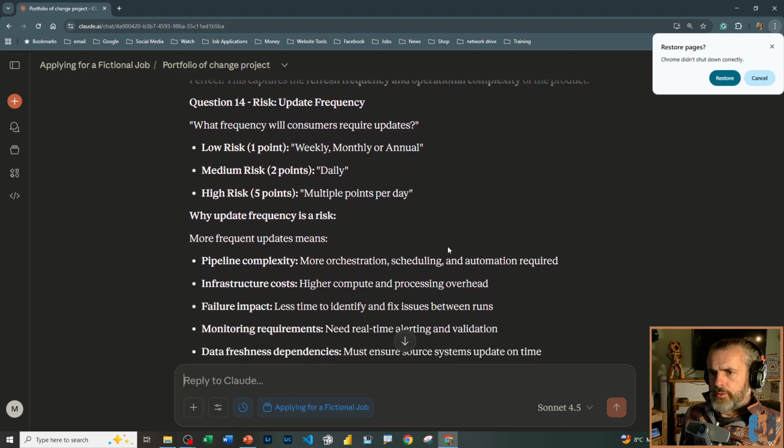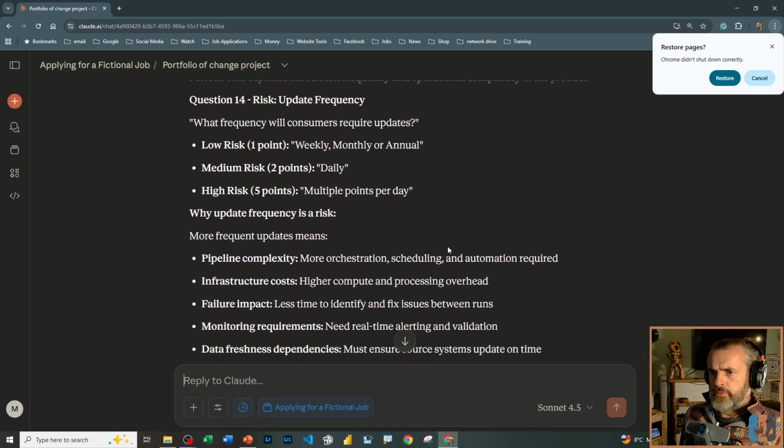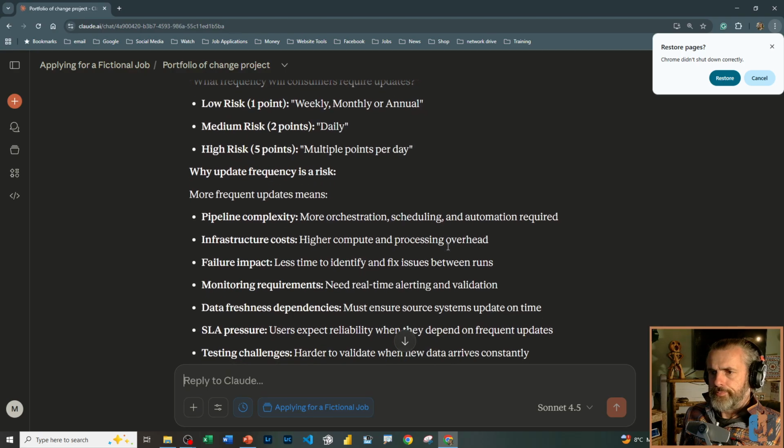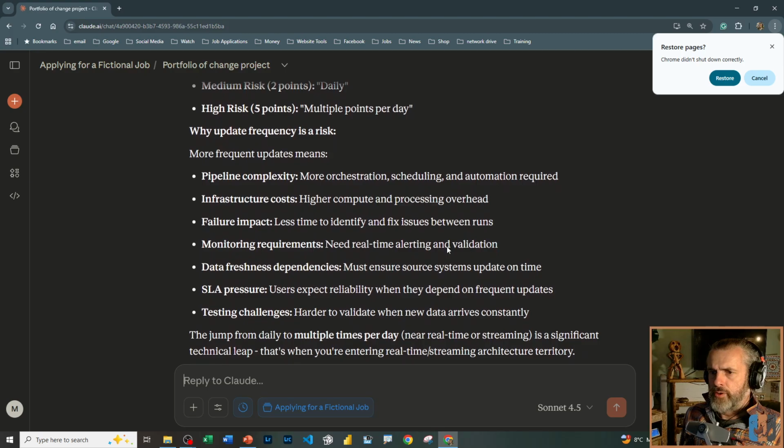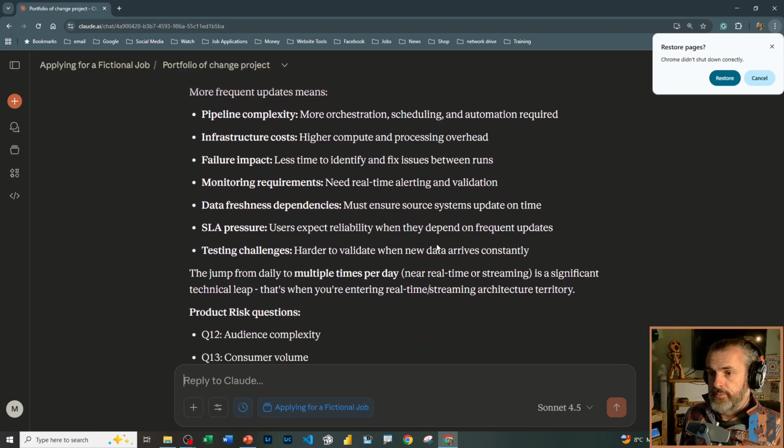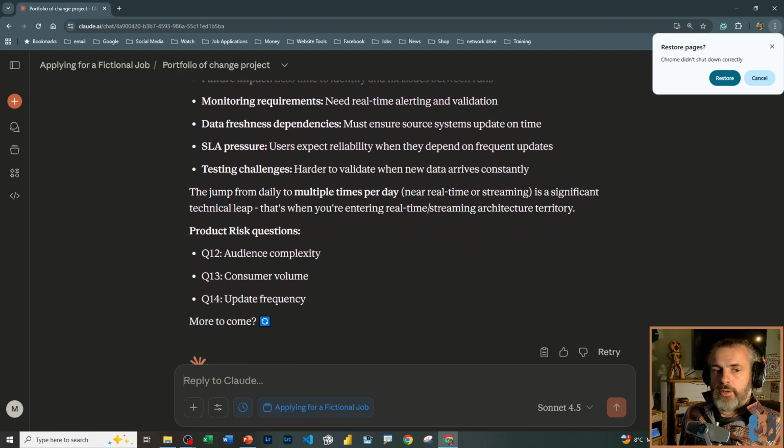Why update frequency is a risk? Pipeline complexity, infrastructure costs, failure impacts, monitoring requirements, daily refresh, data freshness dependencies, SLA pressure, yeah, testing challenges. Pretty cool. Second to last question.